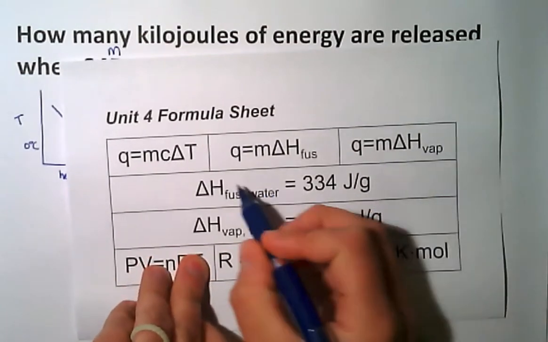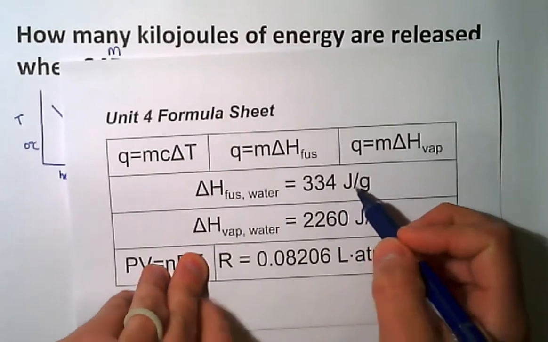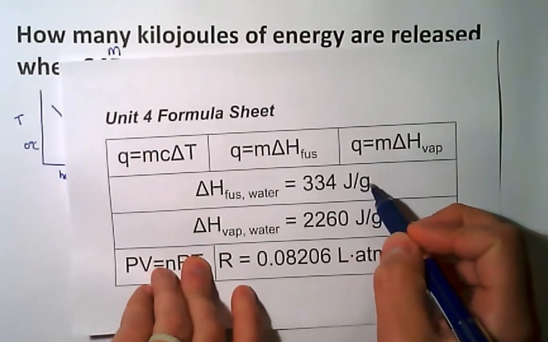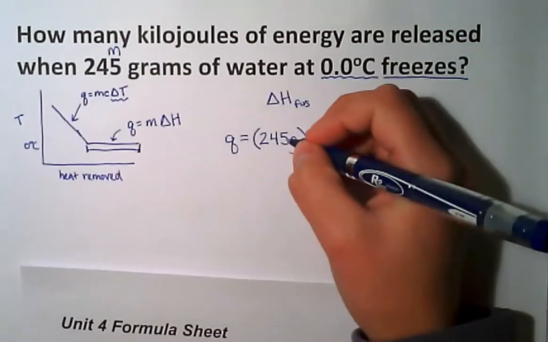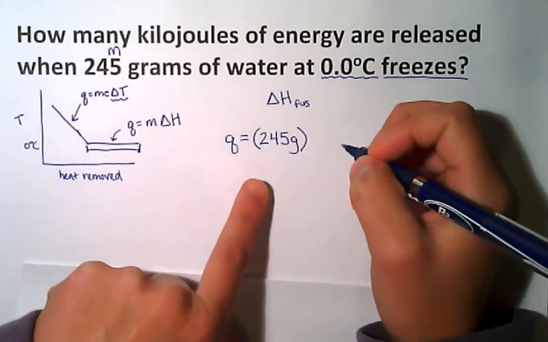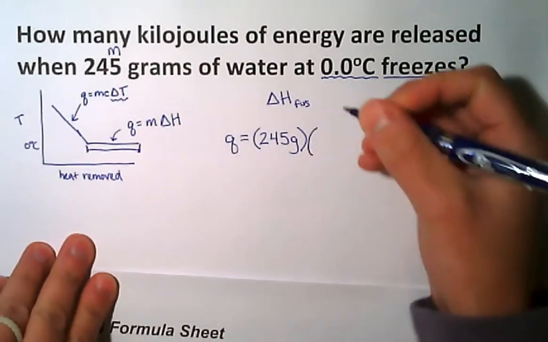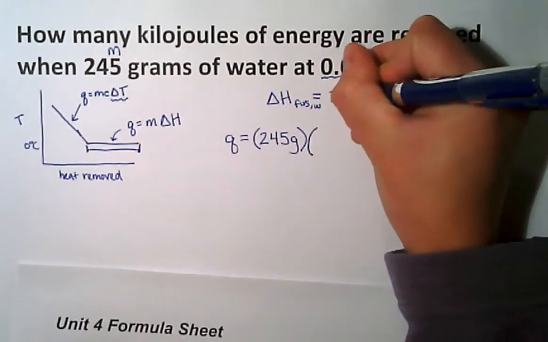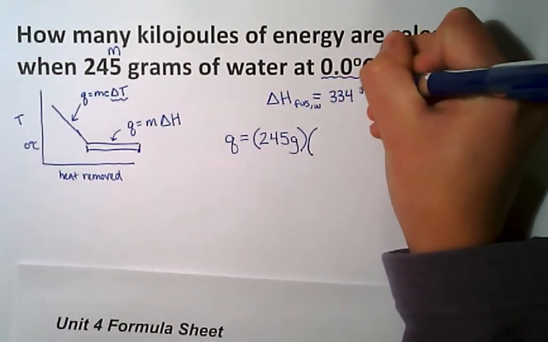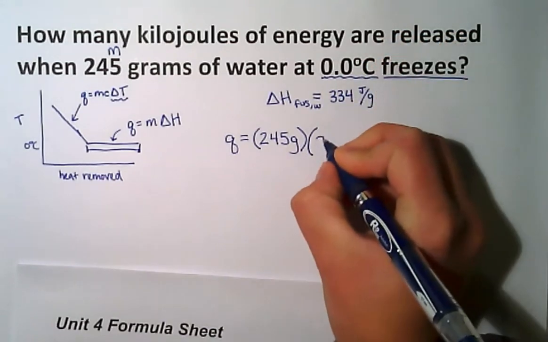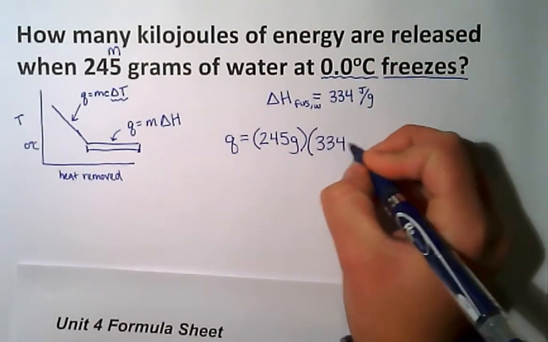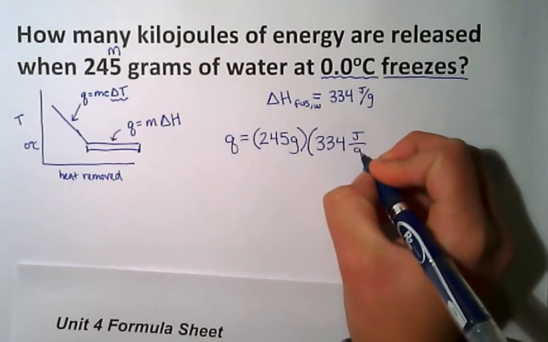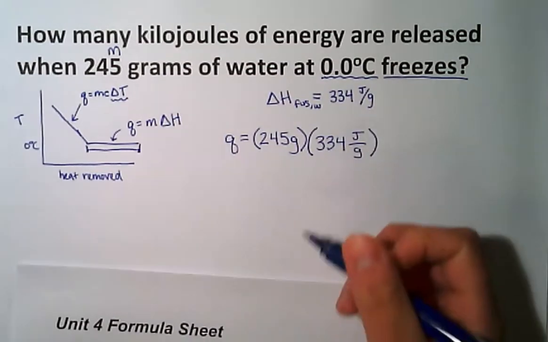So to use this value, we do have to have our mass in grams, which we do have in this problem. So we can just substitute in that delta H of fusion for water value, times 334 joules per gram. We're going to close those parentheses there.